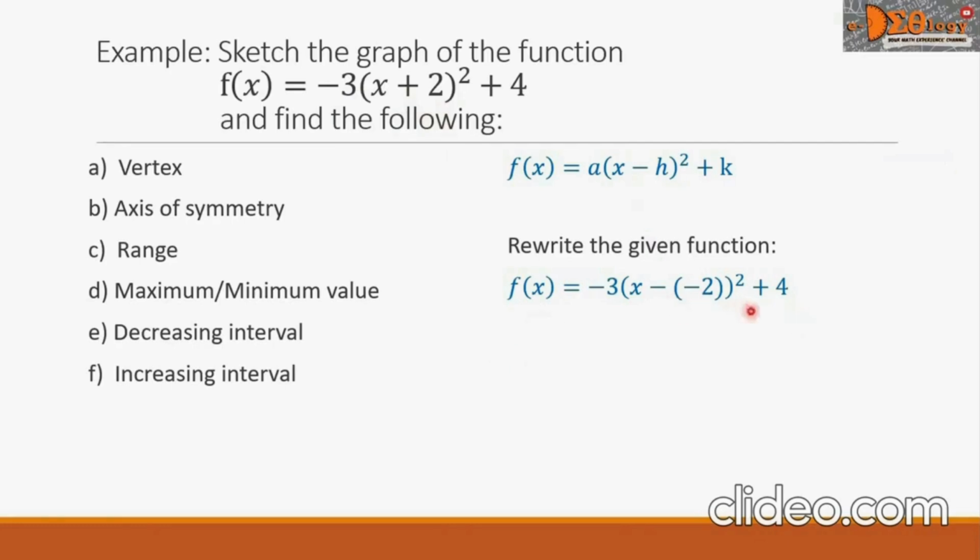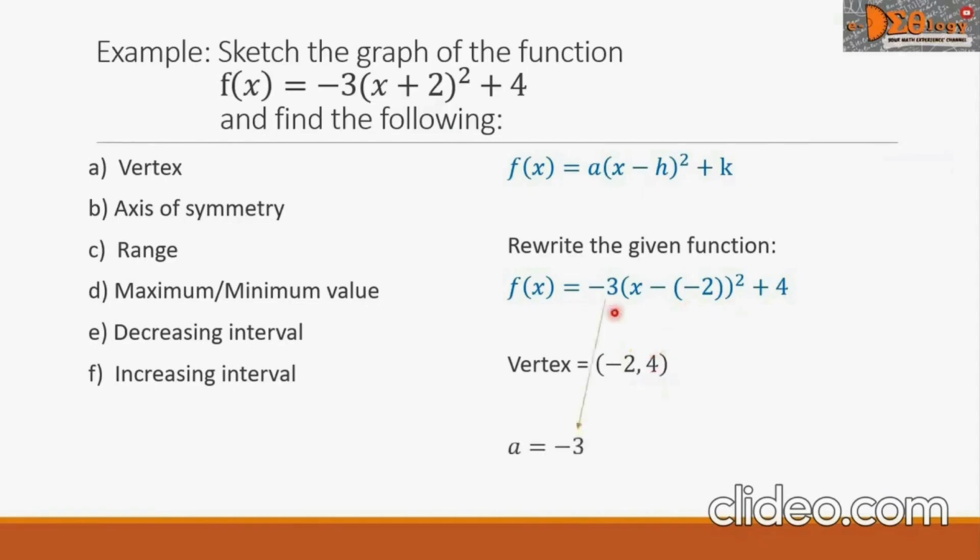And from here, we're going to collect now the vertex or the h, k values. So this -2 is the h and the +4 is the k. Therefore, the vertex has the ordered pair -2, 4.